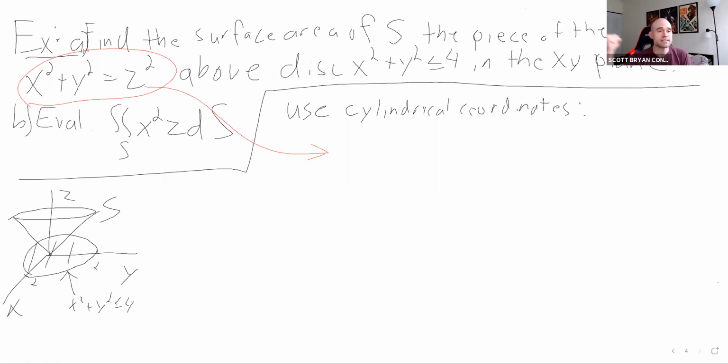So instead of x, y, and z, we're using r, theta, and z. So we get z squared equals, and what is x squared plus y squared? R squared, careful, yeah. So z squared is equal to r squared.